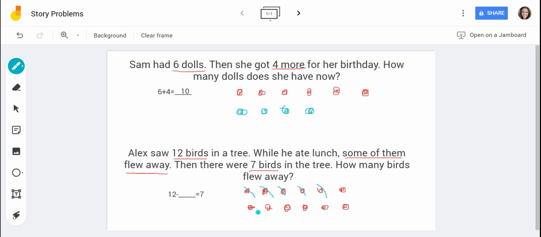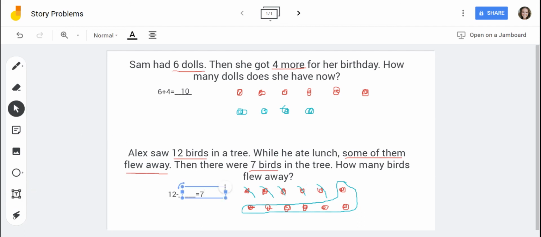All right, so here's 6. 1, 2, 3, 4, 5, 6. And here's 7. So I have 7 left. So this is going to represent the 7 birds that are still in the tree. So that must mean that the ones I crossed out are the ones that flew away. So that means that 1, 2, 3, 4, 5 birds flew away.